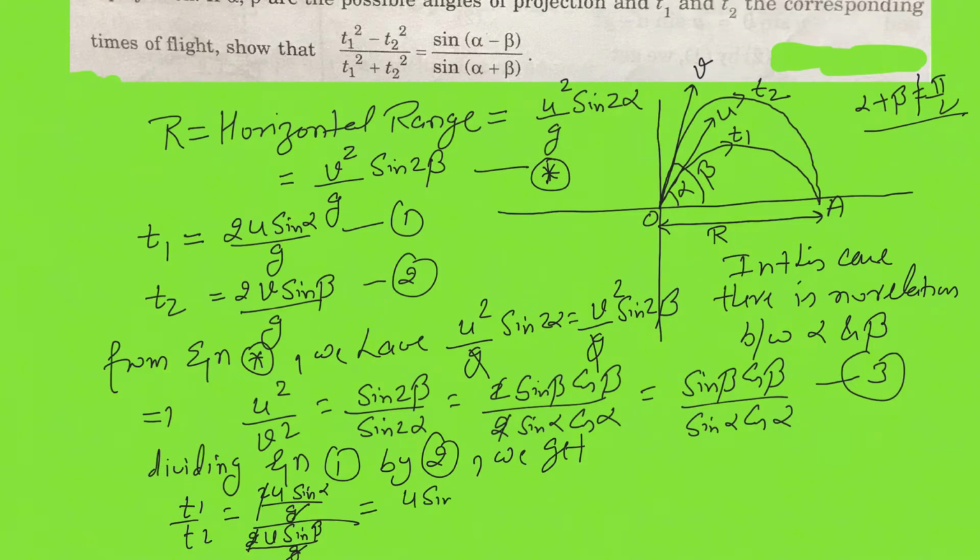This will be u sine alpha by v sine beta. This implies that, squaring both sides, T1 square by T2 square is u square by v square into sine square alpha by sine square beta.